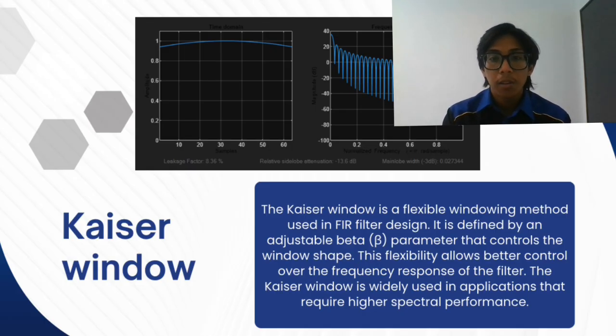It can be defined by an adjustable beta parameter which will control the window shape. This flexibility allows better control of the frequency response of the filter. The Kaiser window is widely used in applications that require higher spectral performance.